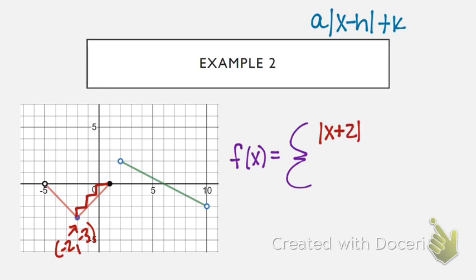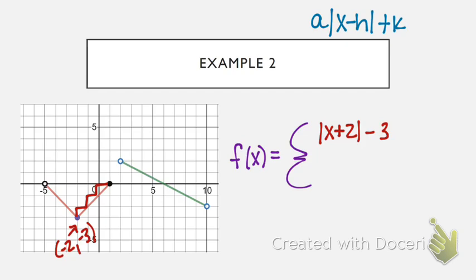So since my h value is negative 2, I'm going to put plus 2 inside the absolute value bars, because x minus negative 2 is just plus. And since I have a negative 3 for k, I'm just going to put minus 3 to the side. And then again, with piecewise functions, we need to write the domain where that part of the graph is true.